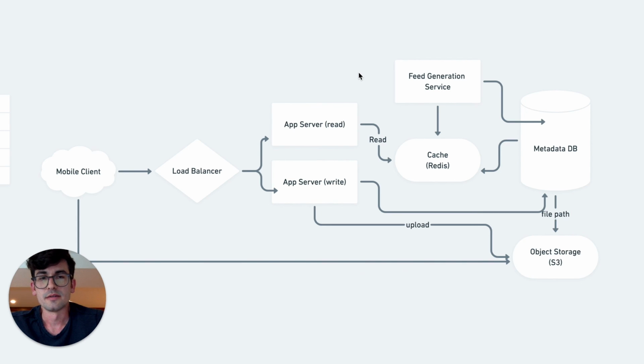It would talk to the database, understand which content was new, and generate these feeds, which typically would be too computationally intensive to do on the fly for every request. Instead, we can pre-compute these feeds ahead of time, store them in our cache, and then allow the app server that's responsible for getting the feed to just read the cached results. That's basically how that would work.